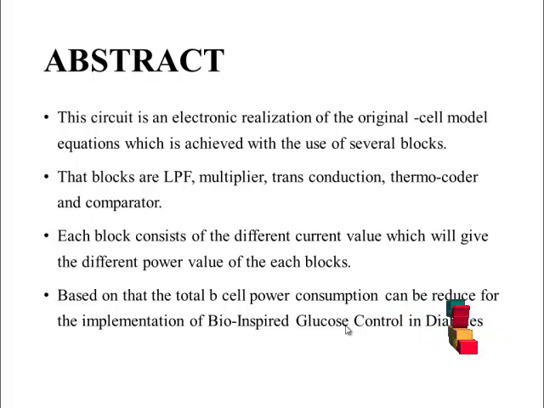Type 1 diabetes mellitus, that is T1DM, which amounts to 10% of the diabetic population, is an autoimmune condition which results in complete destruction of insulin secreting beta cells. If left unmanaged, it can have long-term side effects such as blindness, kidney failure, and heart diseases.